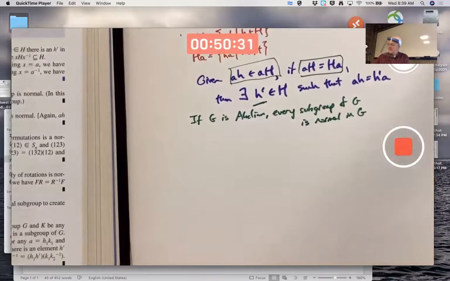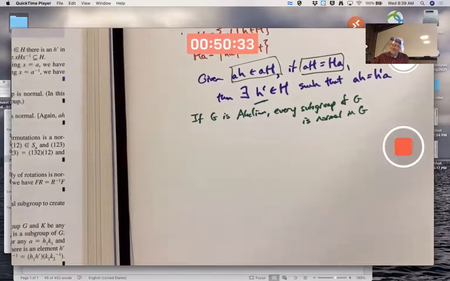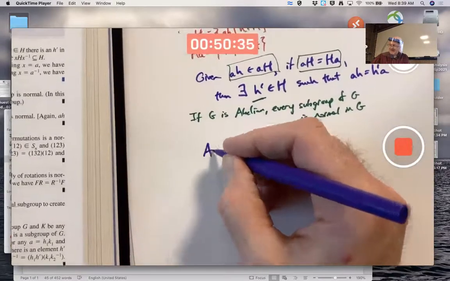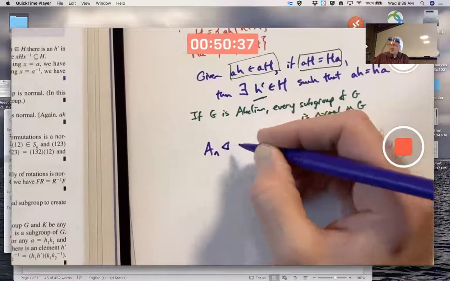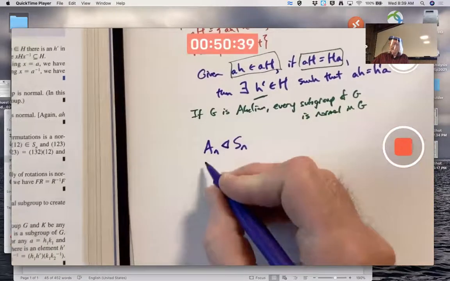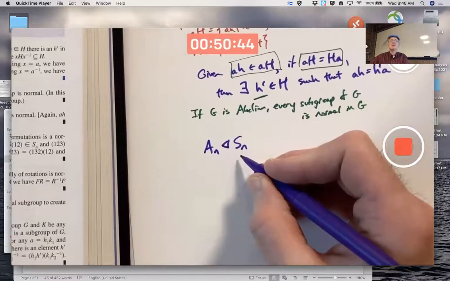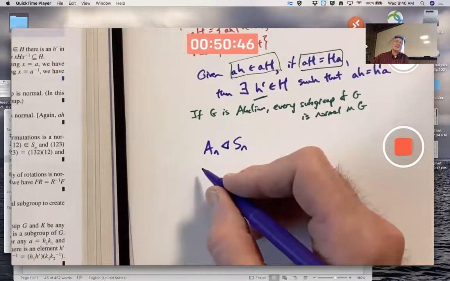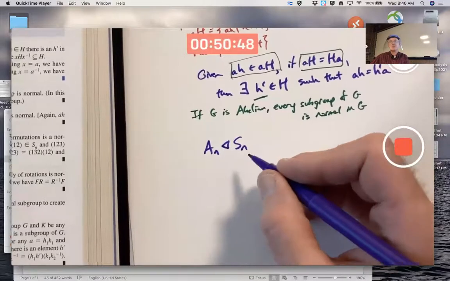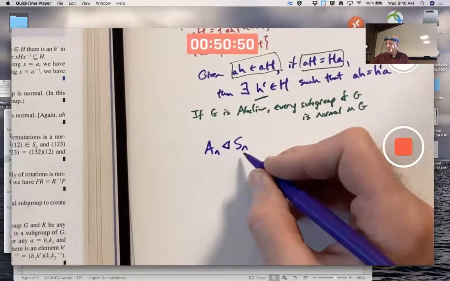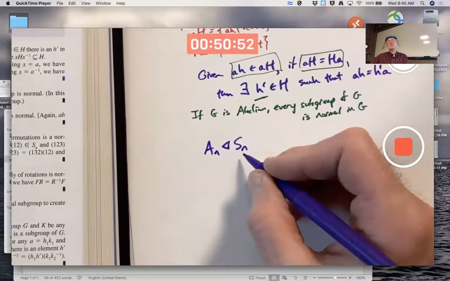Well, one prominent example is that for any n, An, the alternating group, is always a normal subgroup of Sn. The group of even permutations on n objects is always a normal subgroup of the group of all permutations on n objects.